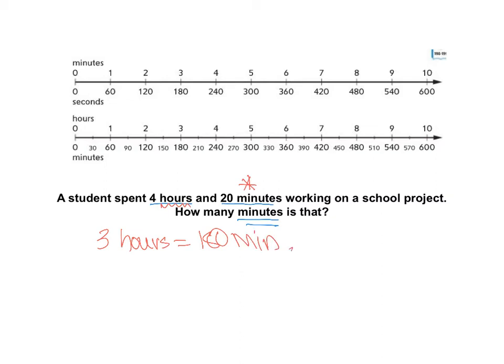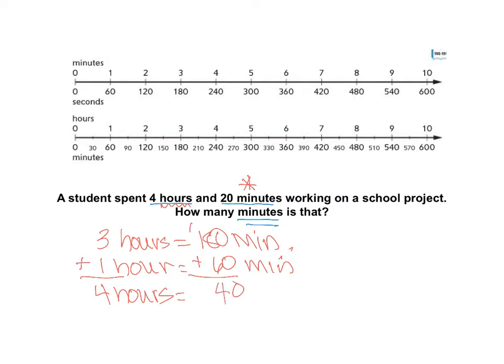We had just done that with the last question. 1 more hour is the same as 60 minutes, and then I would add them together. So 4 hours is the same thing as 240 minutes. I could use my scale here, 4 hours, 240 minutes.